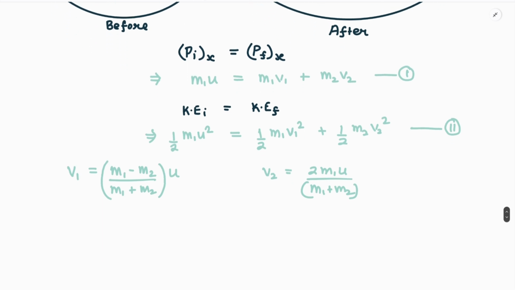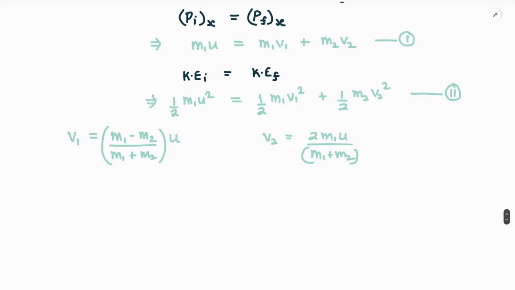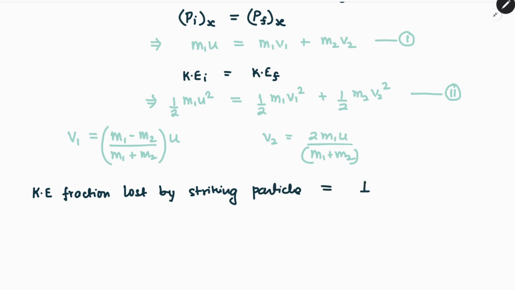So over here we need to find the change in kinetic energy, or the fraction of kinetic energy lost by the striking particle. So we write it as half m1 v1 square minus half m1 u square upon the original, that is half m1 u square.